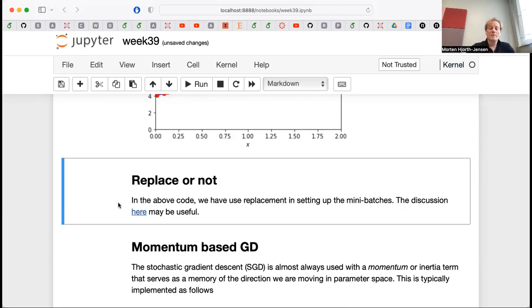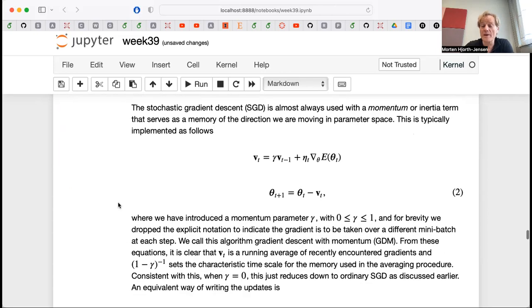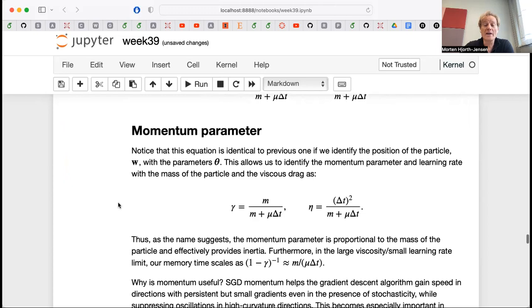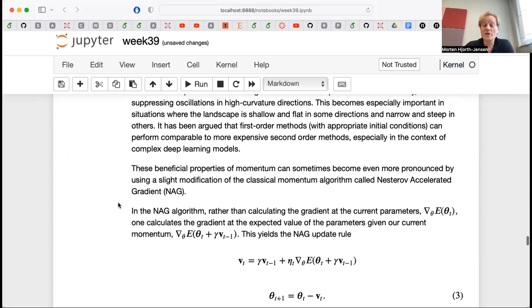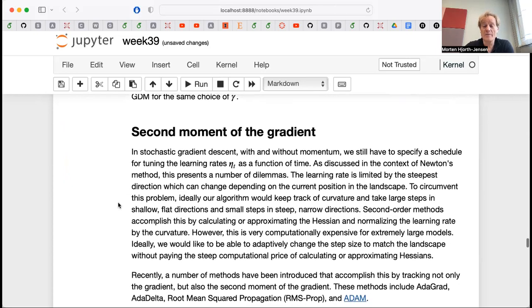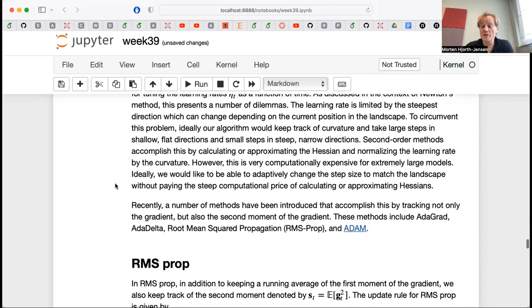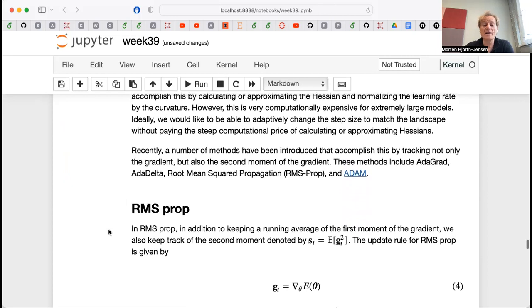So before the break, we went through the momentum-based methods, and the topic which we are going to look at tomorrow, in addition to the momentum-based method, are adaptive gradient methods, which means that we are now going to find a way to adaptively change the learning rate. Tomorrow we are going to meet methods like AdaGrad, root mean square propagation or RMS prop, and ADAM.